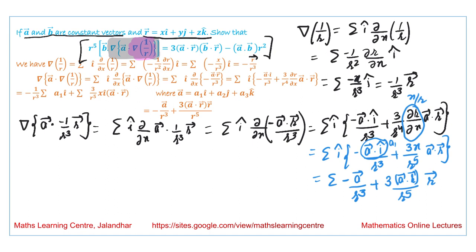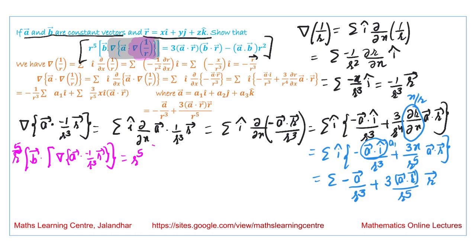Next thing we have to do is take its dot product with b and multiply it with r raised to the power 5. We are taking the dot product with b, we are talking about the term r raised to the power 5, b vector dot gradient of a vector dot minus 1 by r cube r vector. This is r raised to the power 5, this is not r vector, this is r raised to the power 5.